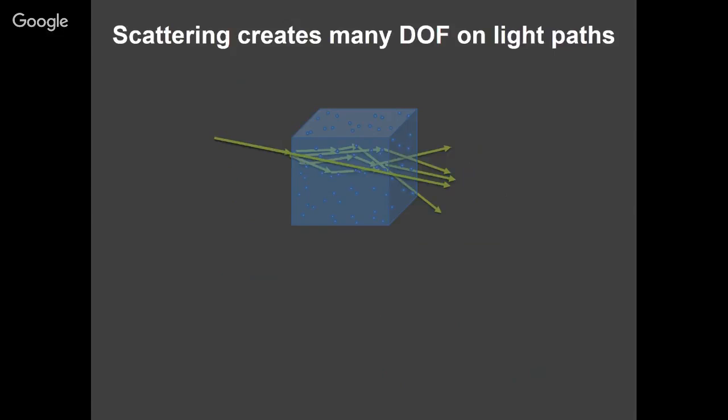So I want to make the point that measurements in 4D are useful for doing this kind of thing better. And the idea is that scattering mixes space and angles. As soon as the light hits the scattering material, it scatters out to different angles, but then it's propagating, and then that scatters out to different angles. And so light comes out here at a distribution of positions and angles relative to what it should have come out at.